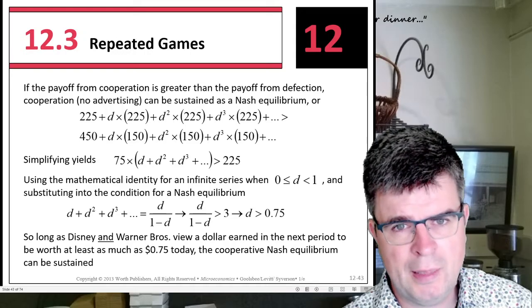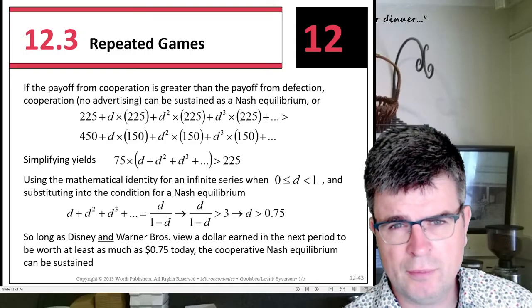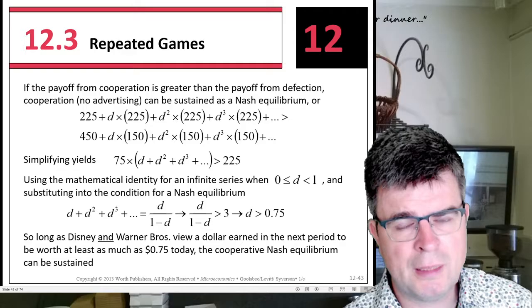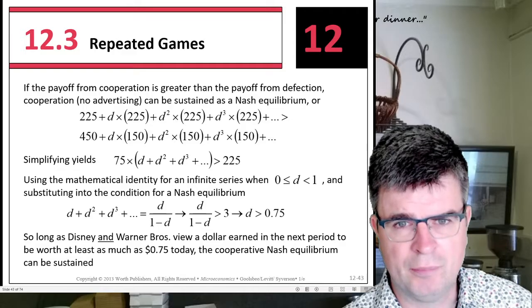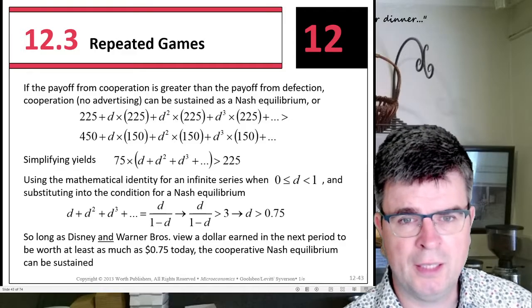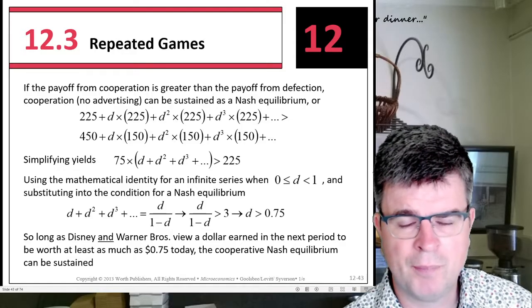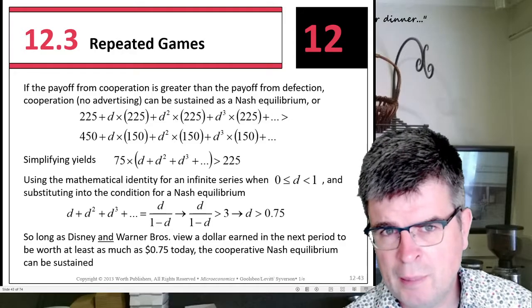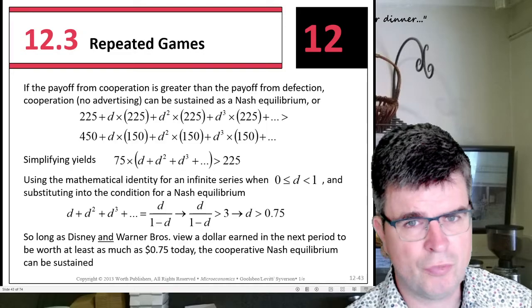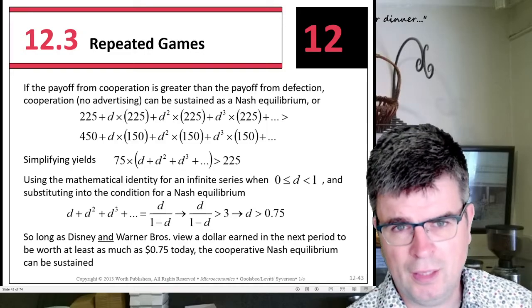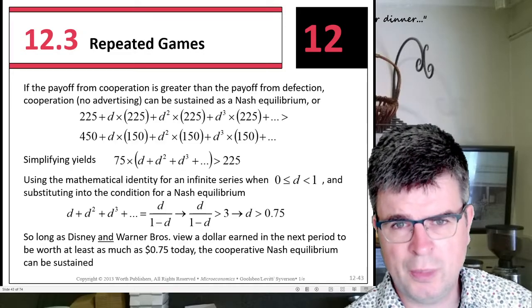in the one-shot game, if the game is not repeated, we have these prisoner's dilemma settings where both players have a dominant strategy of not cooperating, of advertising, and that will be the Nash equilibrium outcome. The same holds if the game is repeated, but only a finite number of times, because in the final period of the game, it's akin to the one-shot situation.